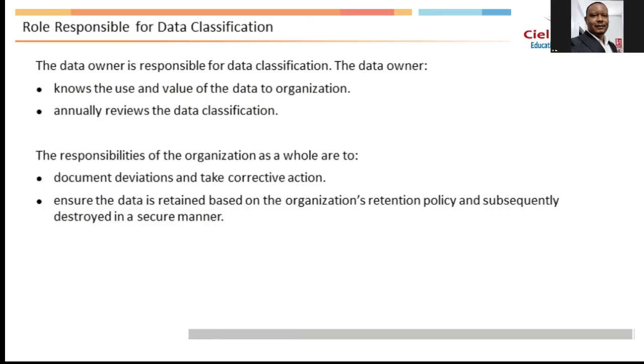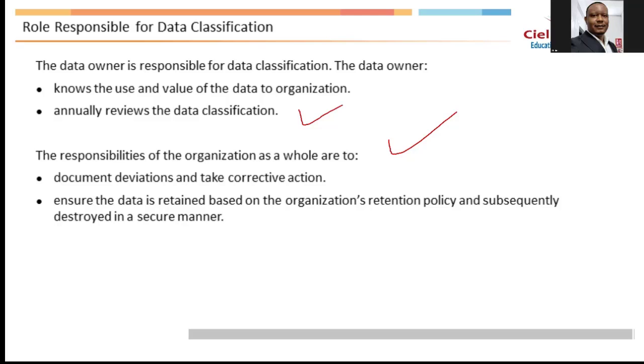When it comes to the responsibilities of the data owner, the data owner knows the use and value of the data to the organization. That's one of the reasons why the data owner is responsible for ensuring proper classification of such information. Aside from that, the data owner also has a responsibility to annually review data classification. You must do this on a regular basis.